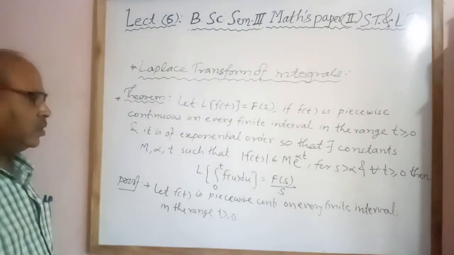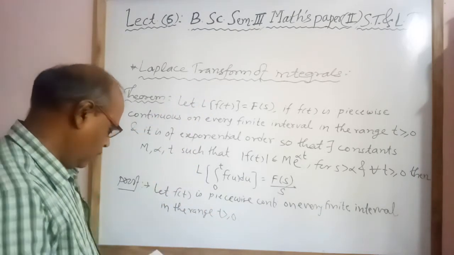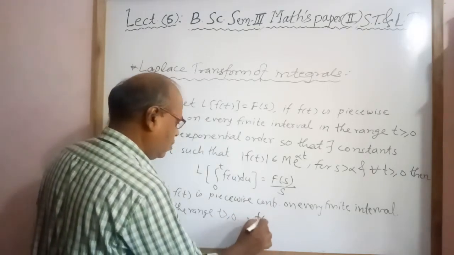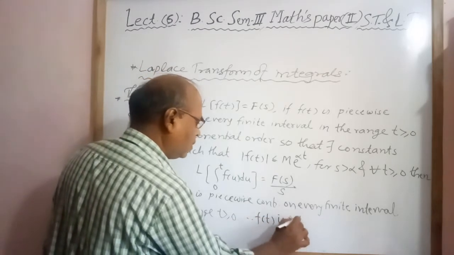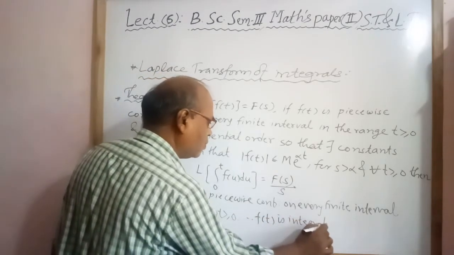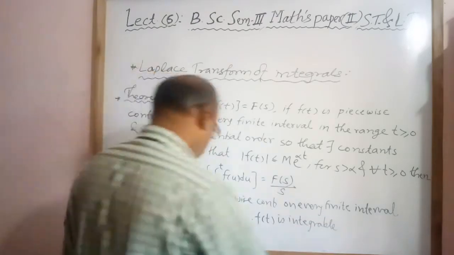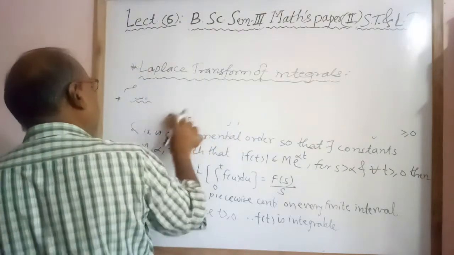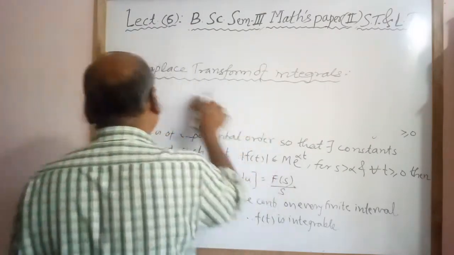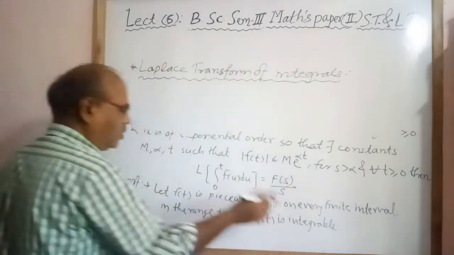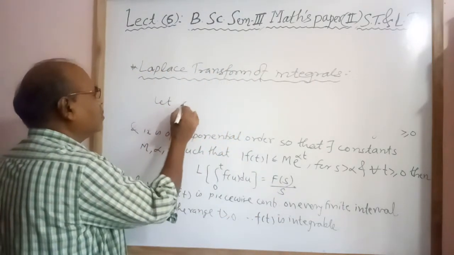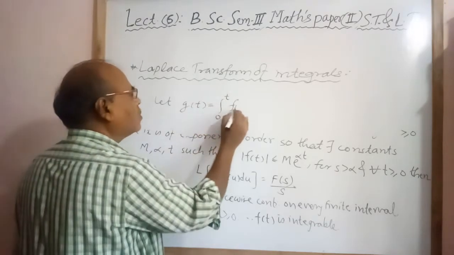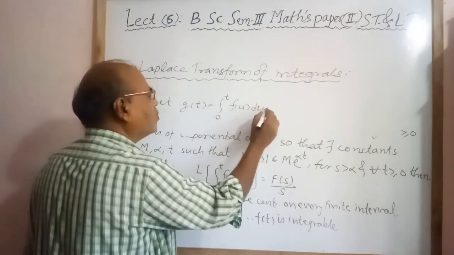This is given to us in the theorem. Therefore, f(t) is integrable. Since it is integrable, we consider g(t) equal to the integration from 0 to t of f(u) du.